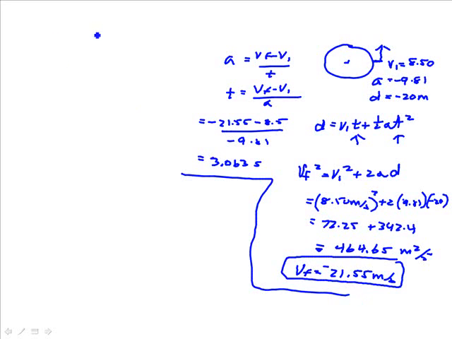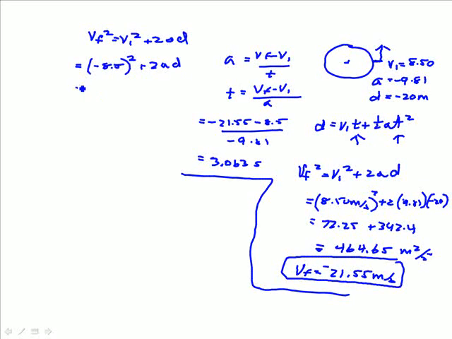Now, if the Ferris wheel was moving down, it's interesting that vf squared equals vi squared plus 2ad. Even if the Ferris wheel is moving down, it turns out that this would be just negative 8.5 squared plus 2ad.